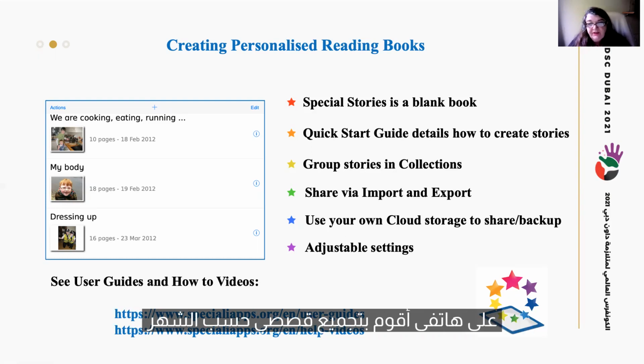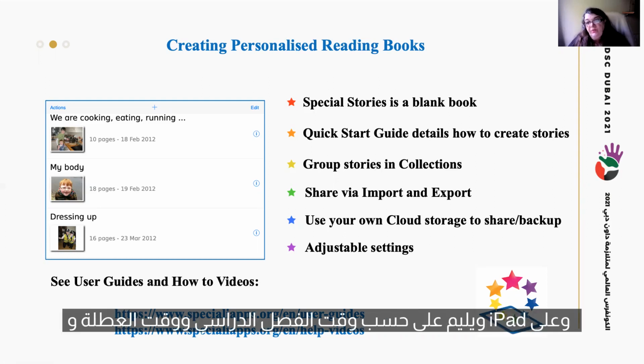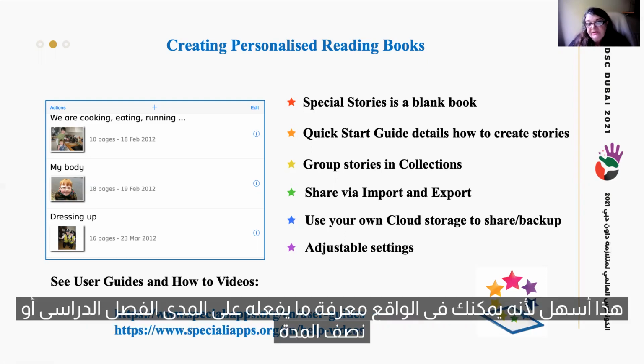So with collections, I tend to group mine by time. So on my phone, I group them by month, and on William's iPad, I group his by term time and holiday time. And that's easier because then you can actually see what he is doing in a term or a half term.